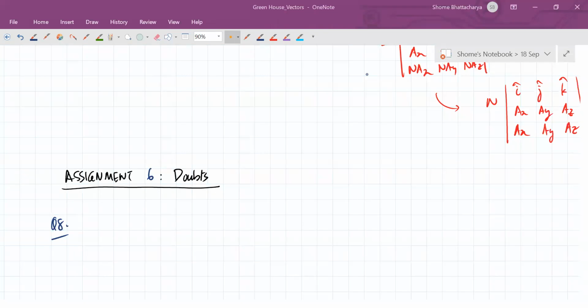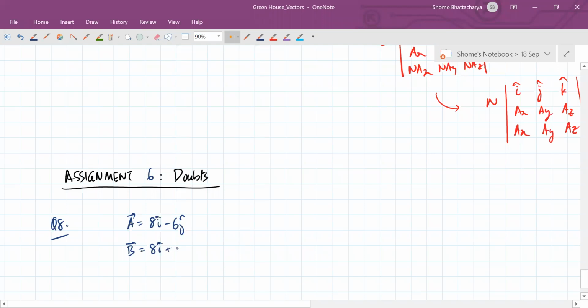It says that we have two vectors, A, which is 8 i cap minus 6 j cap, and the vector B, which is 8 i cap plus 8 j cap.